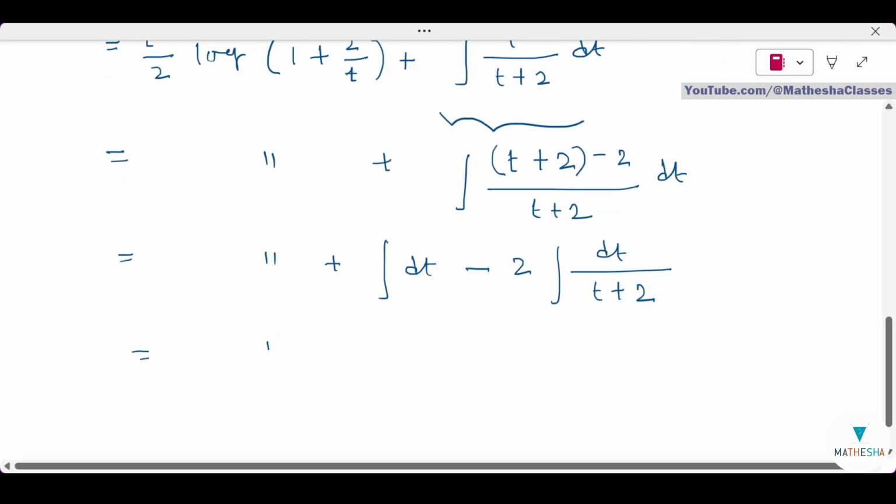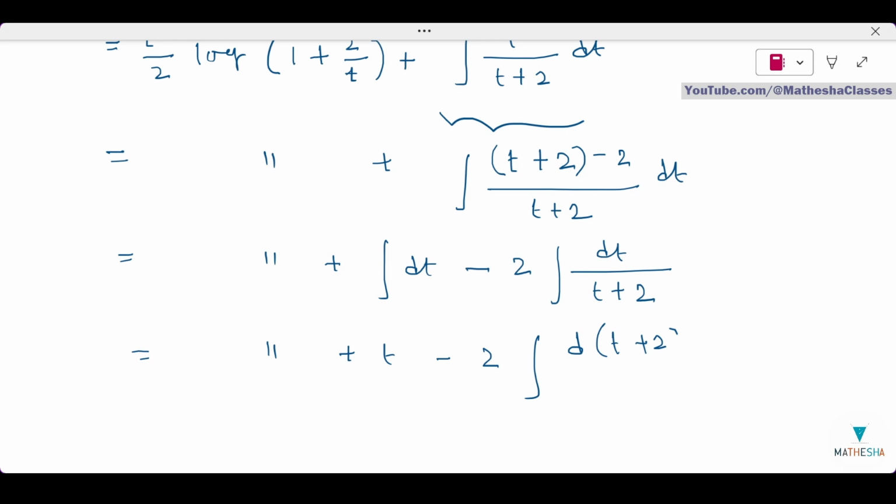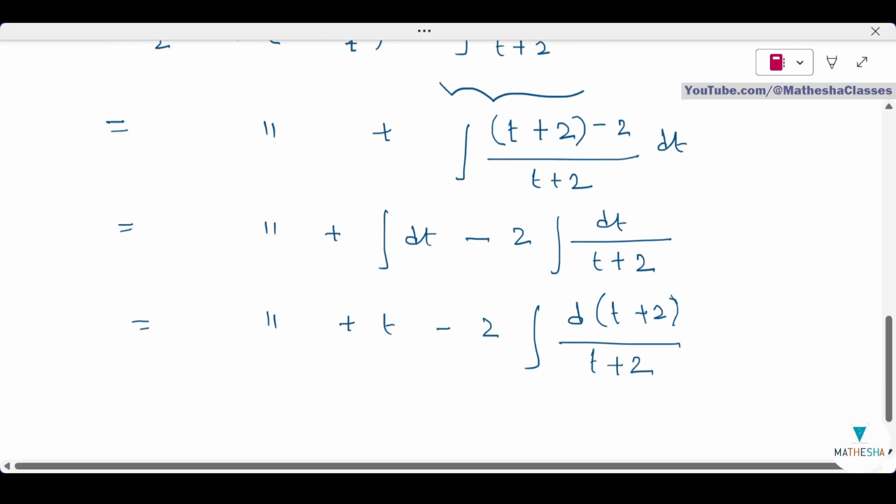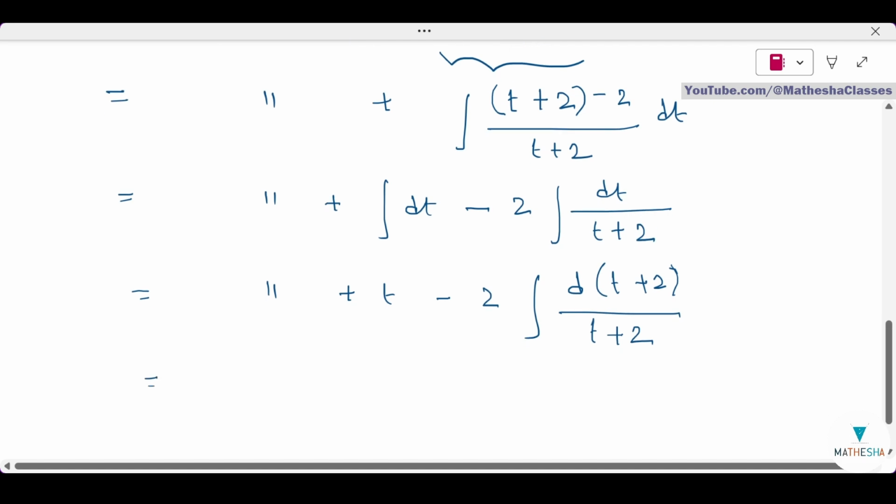So that will be the first term plus t minus 2; we will express dt by t plus 2 as d of t plus 2 times 1 by t plus 2. So that is the first term plus t minus 2 log of t plus 2.